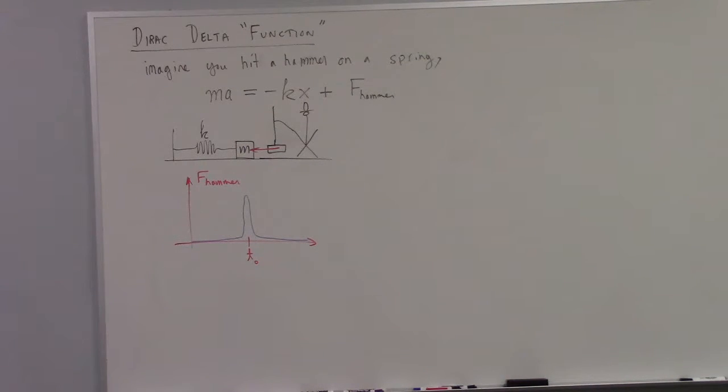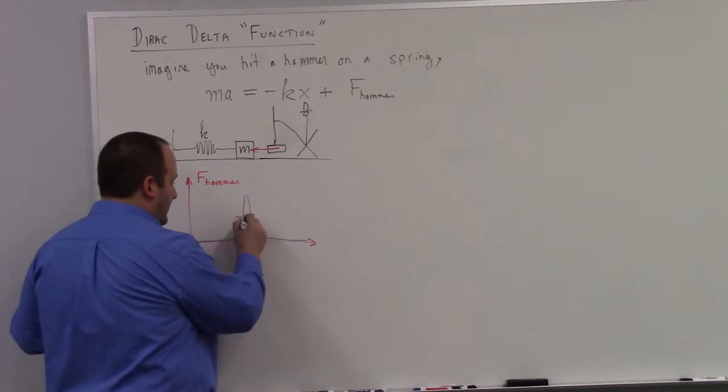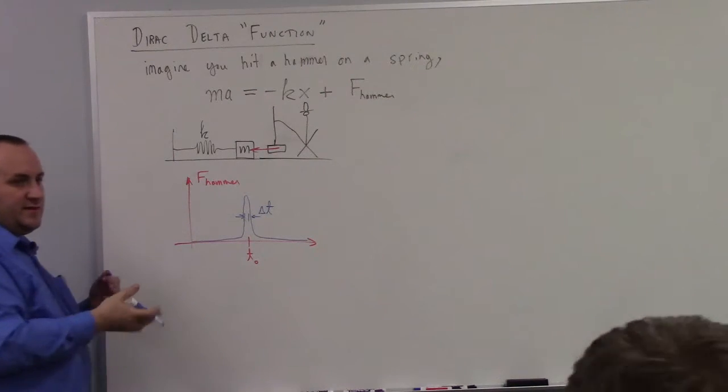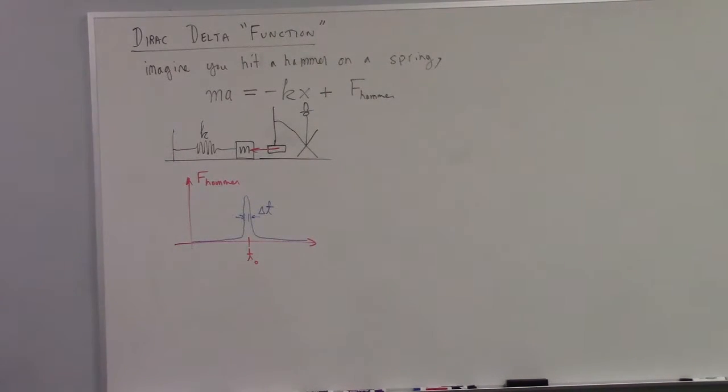What could you physically measure to relate to this spike? There's really only one thing, because this delta t is so small that you really don't have hope of observing the details of the hammer hit. All you can see is before and after, what's changed in the system.